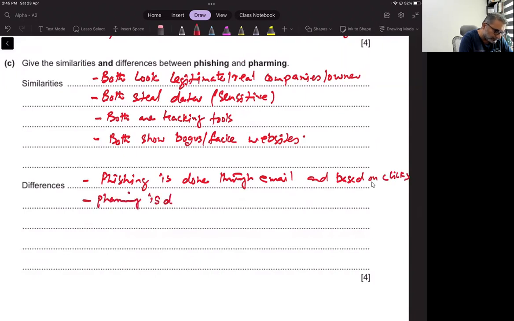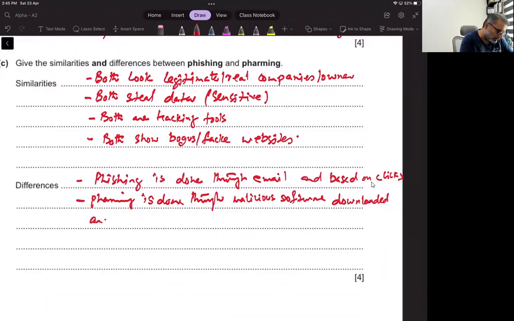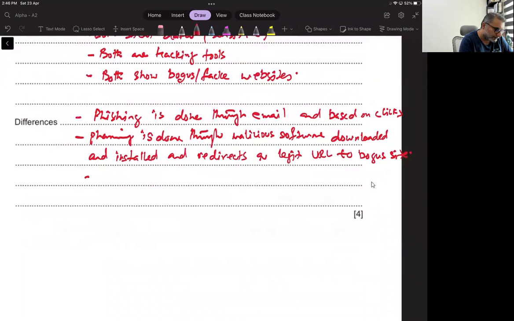Pharming is done through malicious software downloaded and installed, and redirects the legitimate URL to a bogus site. Okay, I think that's it.